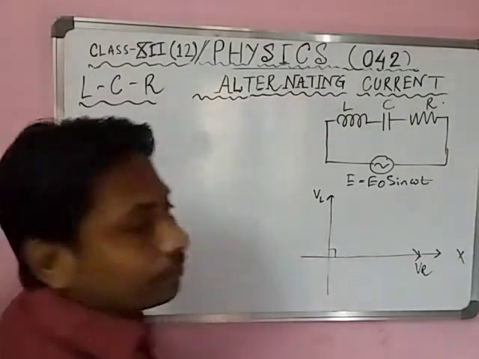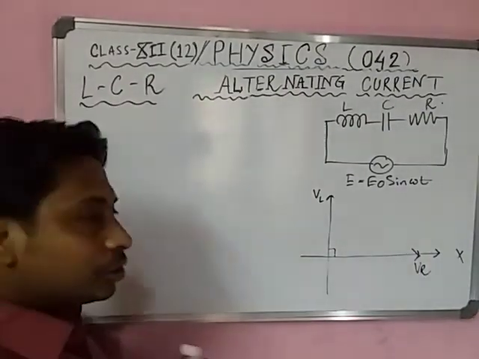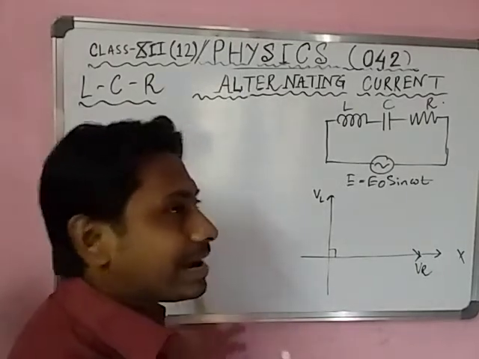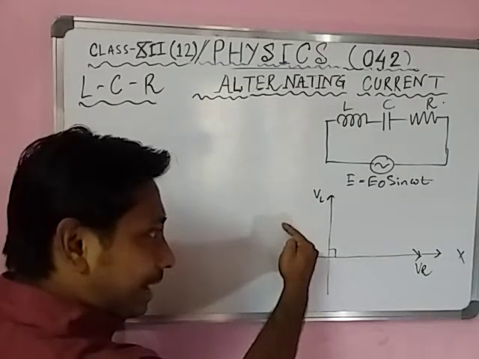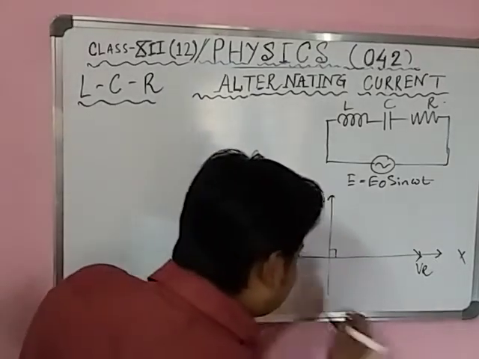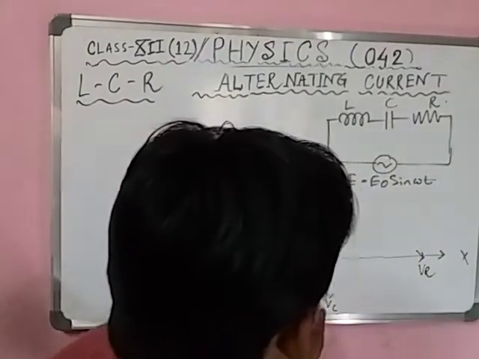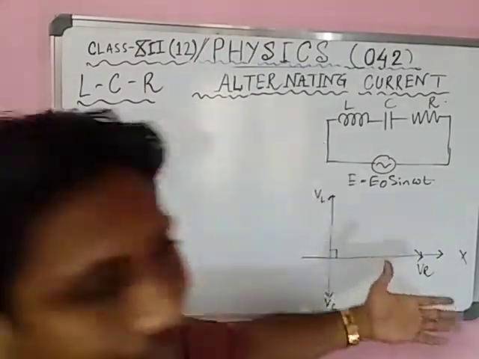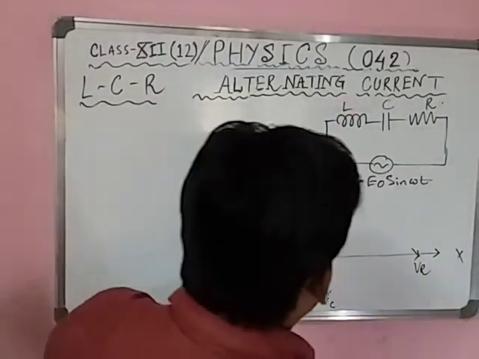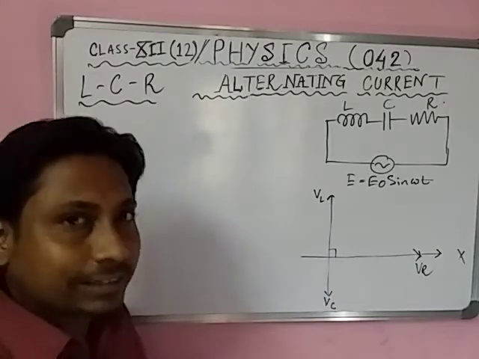Now you know VC lags behind current. So VC lags by 90 degrees, VL leads by 90, and VC means capacitive voltage. So here VL and VC have a 180 degree phase difference.